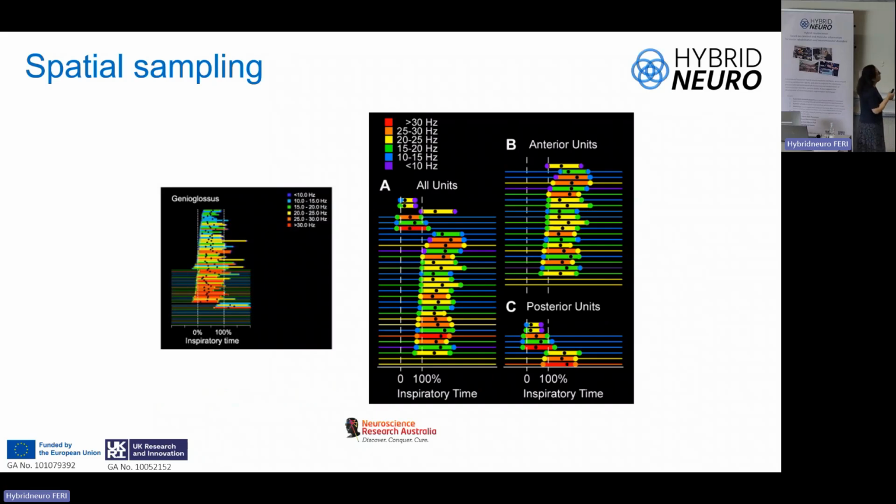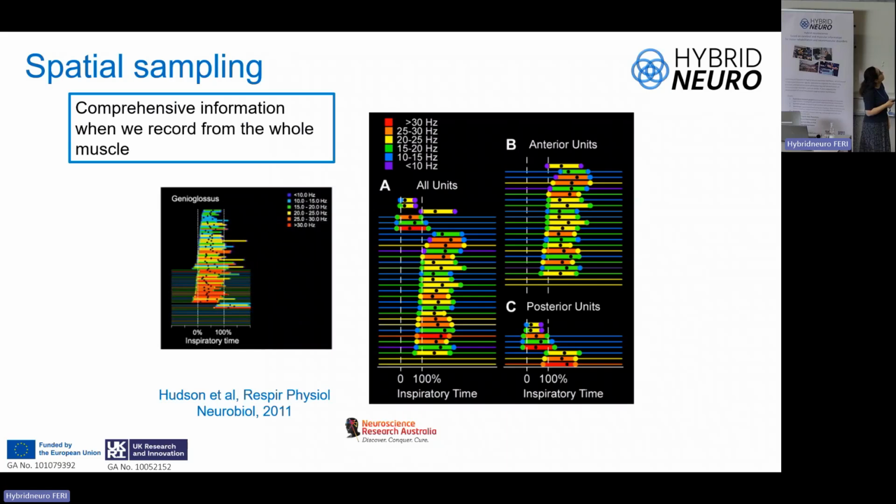These are data pooled from different subjects, and you actually see that most units were detected during the inspiratory times. We believe that this is due to the way signals were recorded. You remember I told you at the beginning, what people do is insert a needle in the middle of the muscle, then they move it. But what happens is that you don't get the full story.